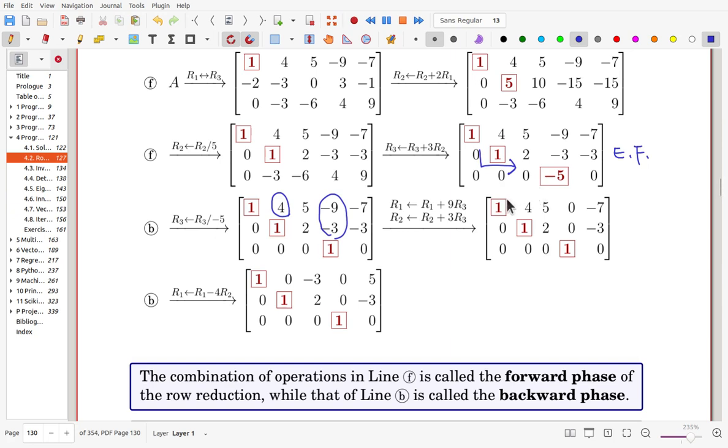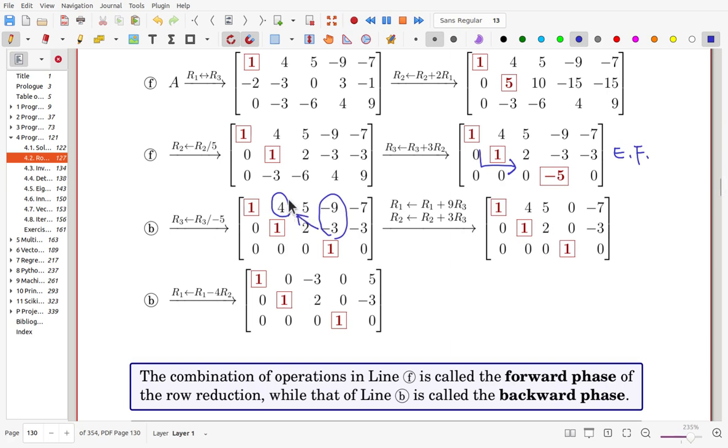And from here, we try to eliminate above the leading one. We eliminate here, and in the backward way, eliminate this one, and then eliminate this one, so that in a backward way we eliminate the values.